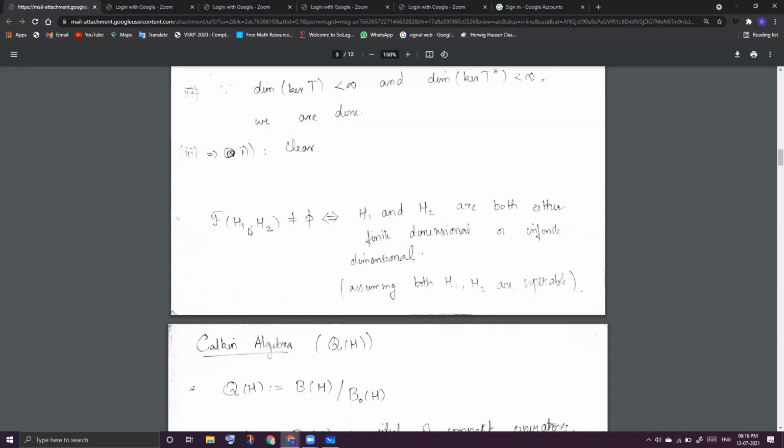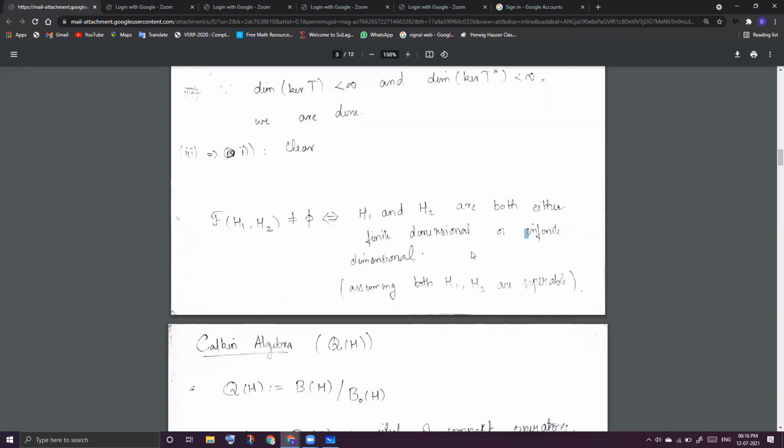So the collection of Fredholm operators from H1 to H2 is denoted by F of H1 H2. This collection is non-empty if and only if both H1 and H2 are either finite dimensional or both are infinite dimensional.